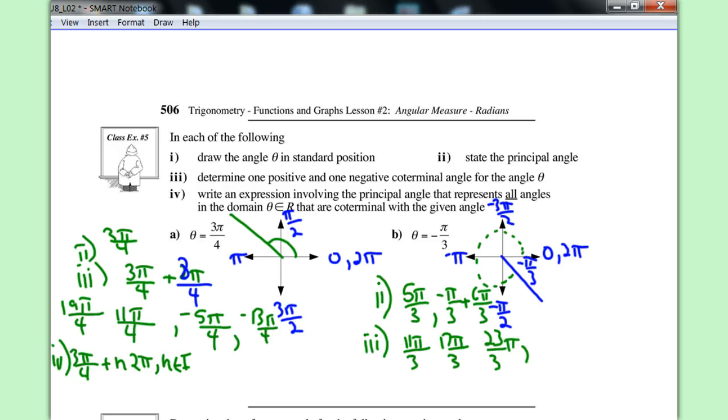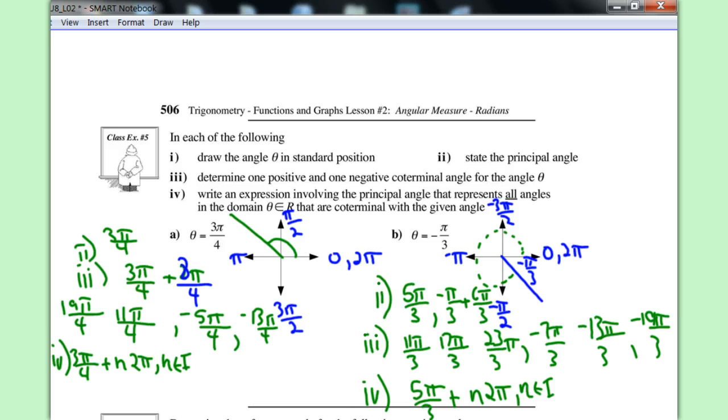Or I could subtract and have minus 1 pi over 3, or minus 7 pi over 3, or minus 13 pi over 3, or minus 19 pi over 3. It's easy to come up with coterminal angles. And lastly, the fourth thing: what are all the family? Well, I take the principal angle, which is 5 pi over 3, plus n 2 pi, where n is an element of integers.